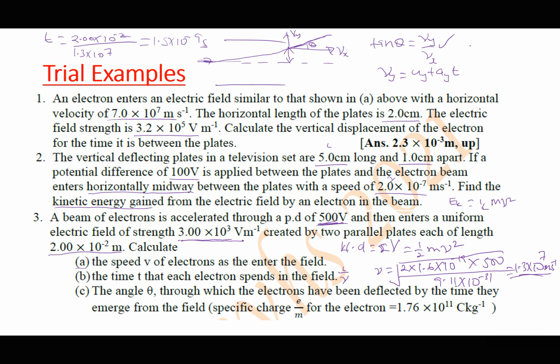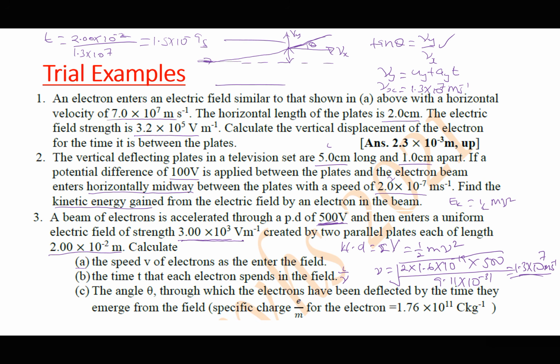Vx is the same as the initial value of v, which is 1.3 times 10 power 7 meters per second, because there is no acceleration in the horizontal. Vy is the one which will change because there is an acceleration in the vertical.